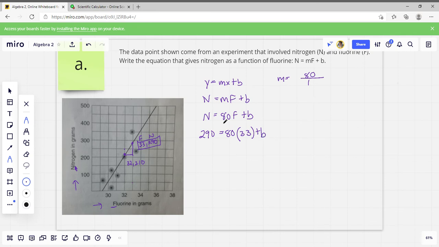We're going to do 33 times 80. 3 times 8 is 24, 25, 26. Okay, so we would say 290 equals 2,640 plus b, and then we're going to subtract that.